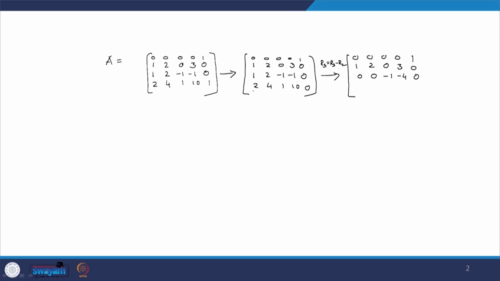And similarly for the fourth row, I have to make this 0. So, I have to replace R4 with R4 minus 2 times R2. If I do it, then I am getting 0, this is also 0, and 1, 4 and 0.